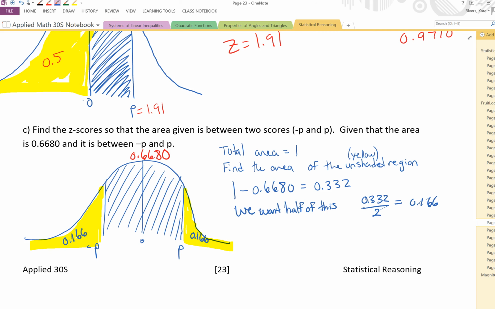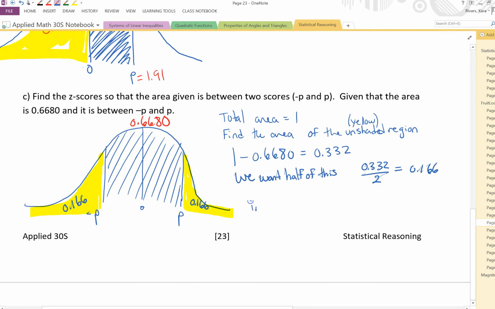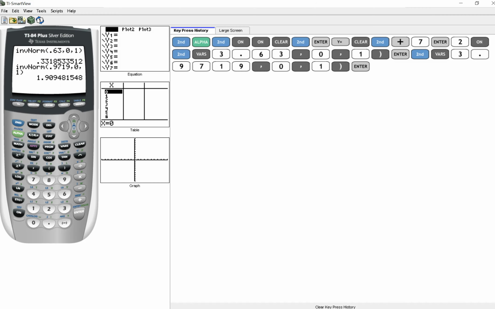So now we can tell the calculator, we'll calculate inverse norm for 0.166. Find it for that area, and then it would go from here to here, and it could tell us what that negative p-value is. Well, if we know what negative p is, then we also will know what p is. So let's go ahead and try that.